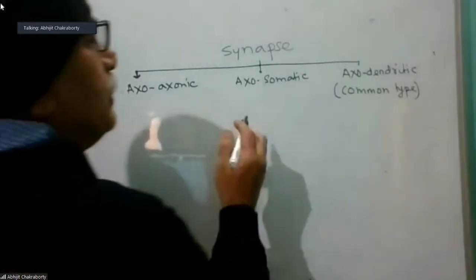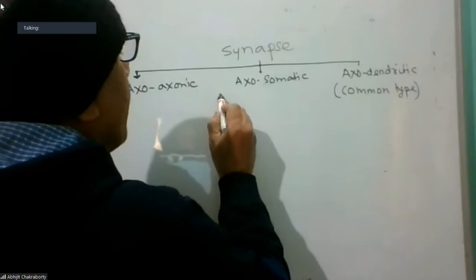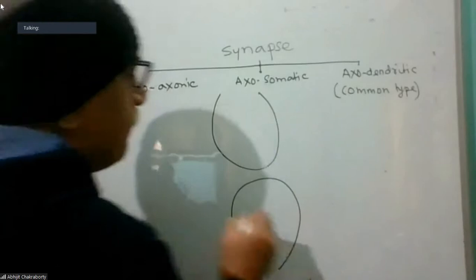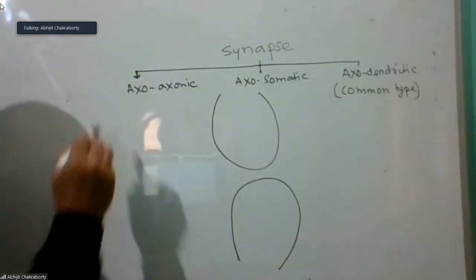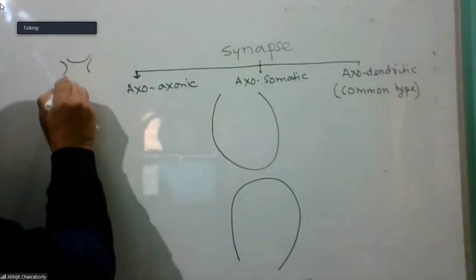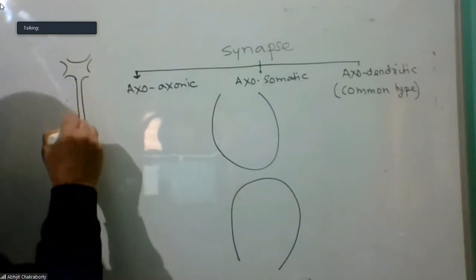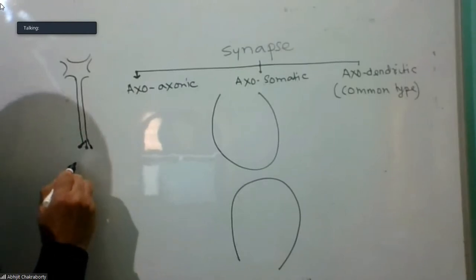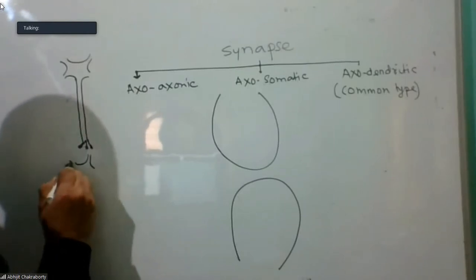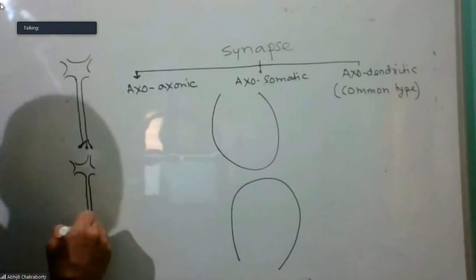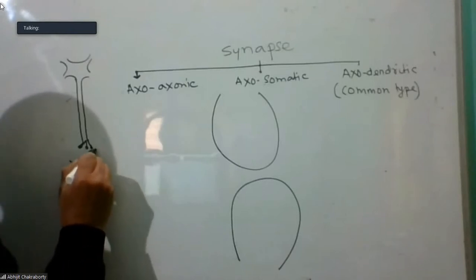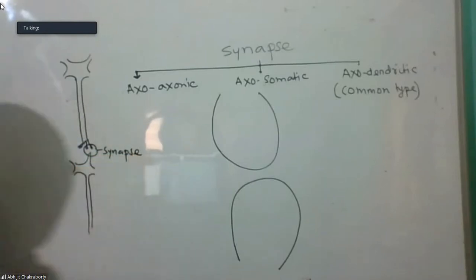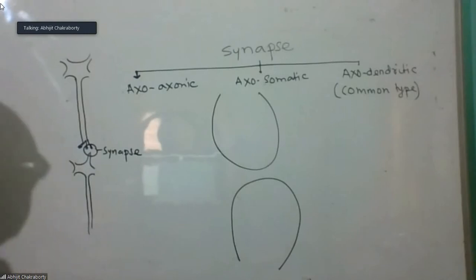In the axoaxonic type, you see generally, this is the axodendritic synapse.